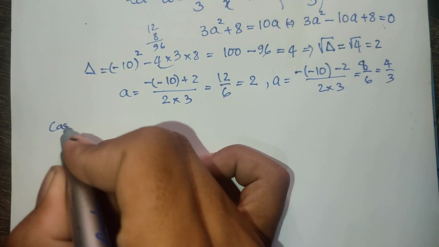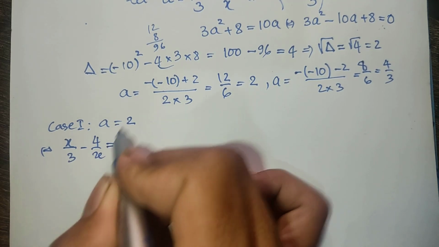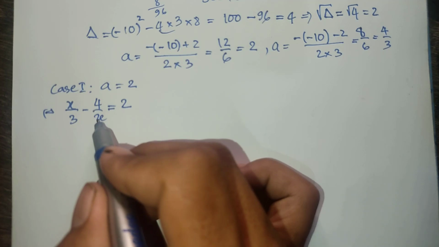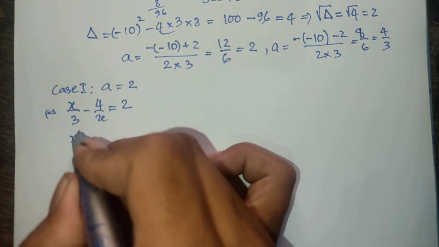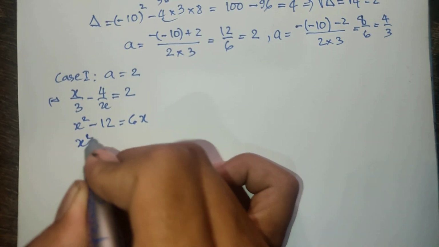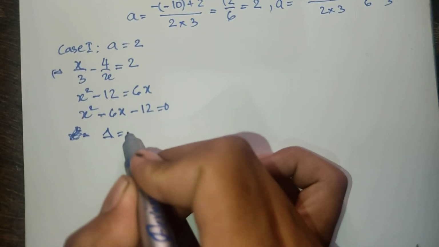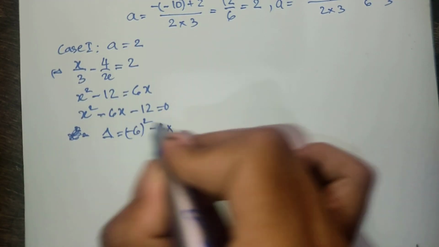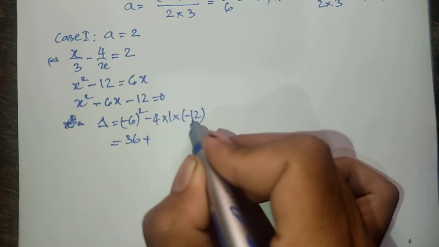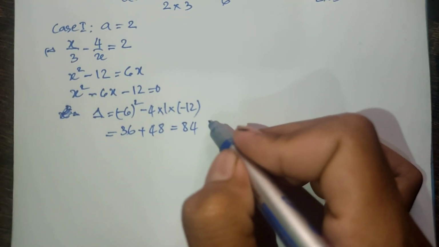So for case 1, a equals 2. So x divided by 3 minus 4 divided by x equals 2. Multiplying by the divisor, we get x squared minus 12 equals 6x. I move 6x from the right side to the left side, and we get x squared minus 6x minus 12 equals 0. The discriminant is minus 6 all squared minus 4 times 1 times minus 12, which equals 36 plus 48, which equals 84.